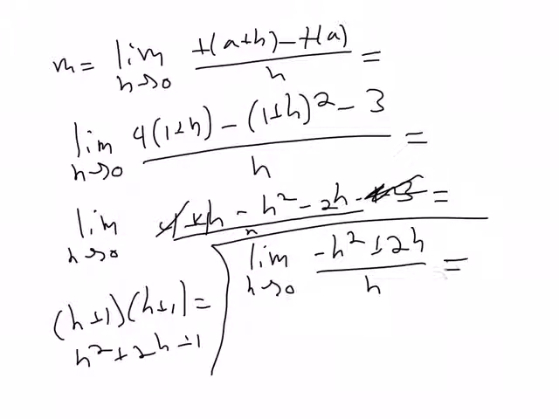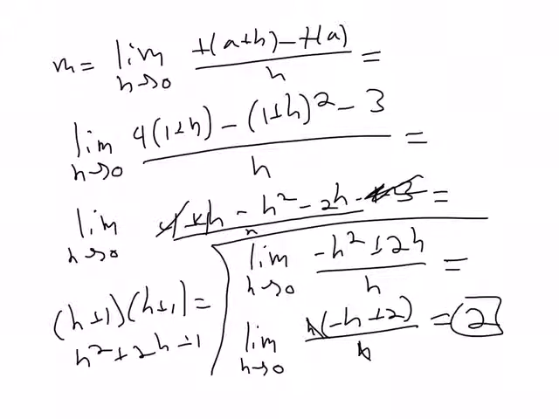And this is equal to the limit as h goes to 0 of negative h plus 2 over h. These h's cancel, and as h goes to 0, this becomes 2. So from both the definition and equation 2, we get the same exact answer, that our slope, or our m, is equal to 2.